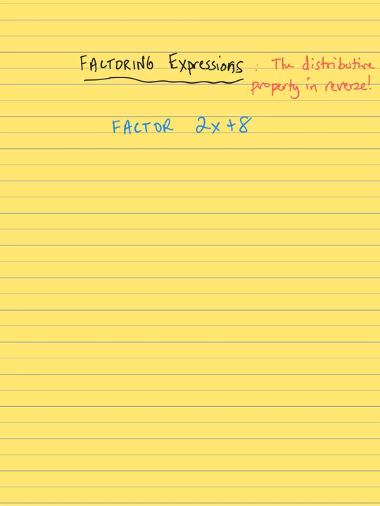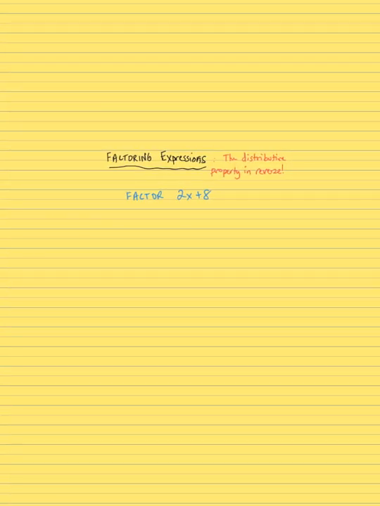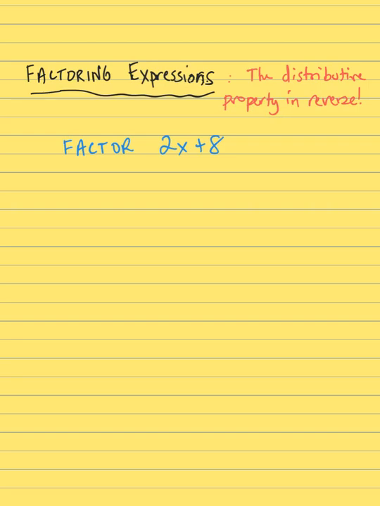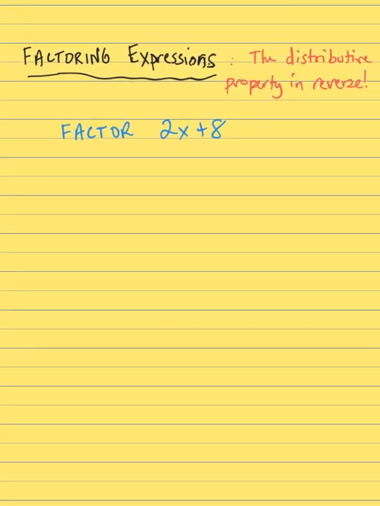Well, the first thing that we're going to do, step 1, would be to find the GCF of the two terms. Okay, that's not so hard. In this case, the terms are 2x and 8.